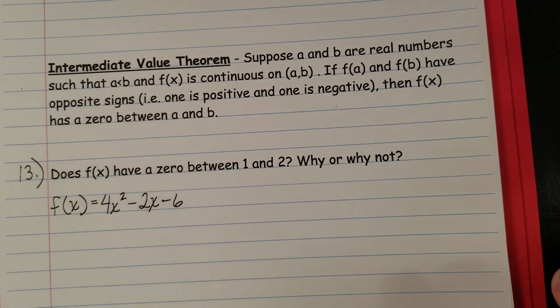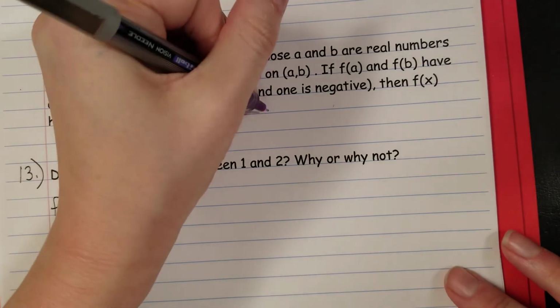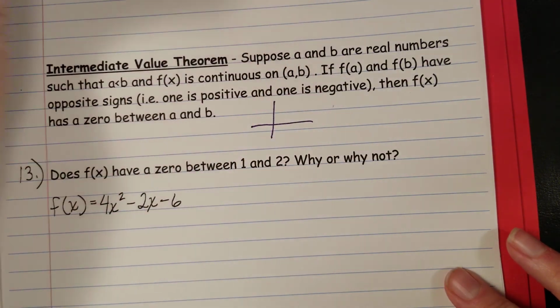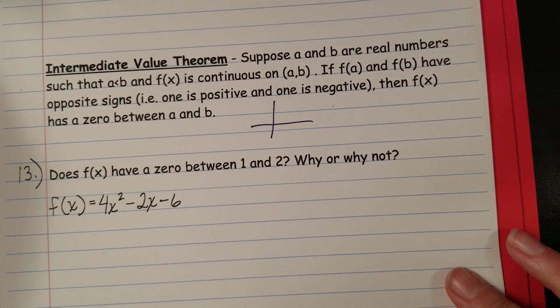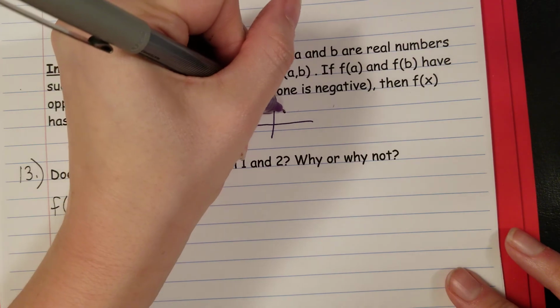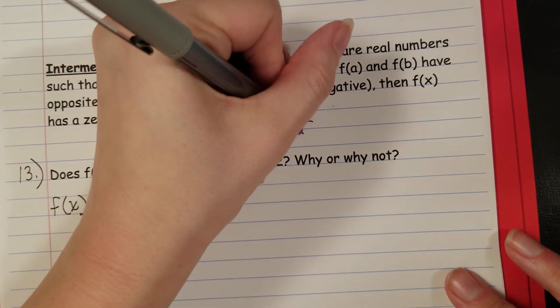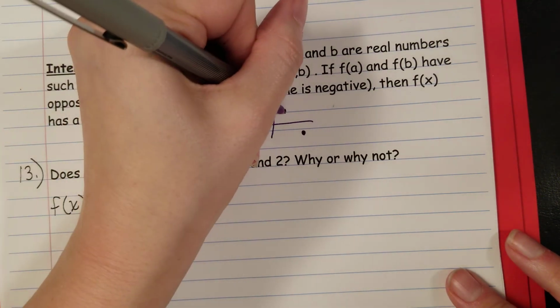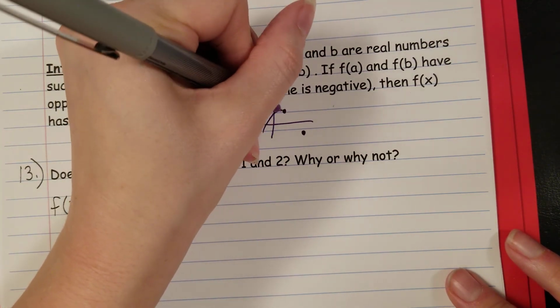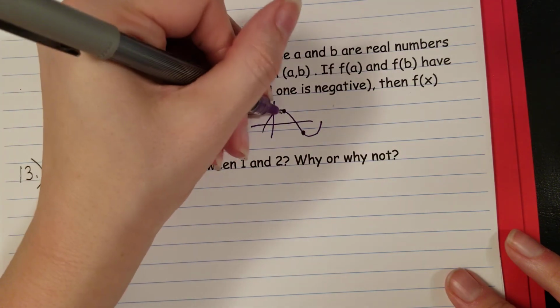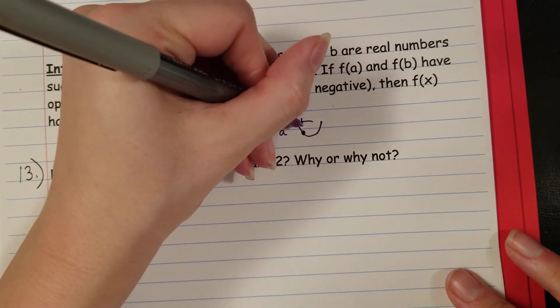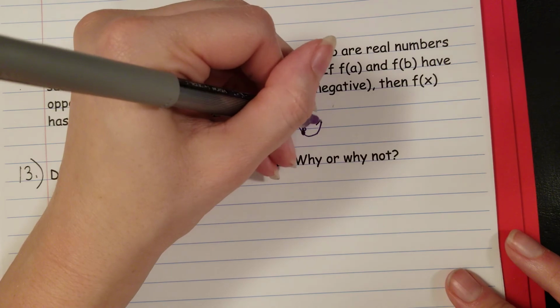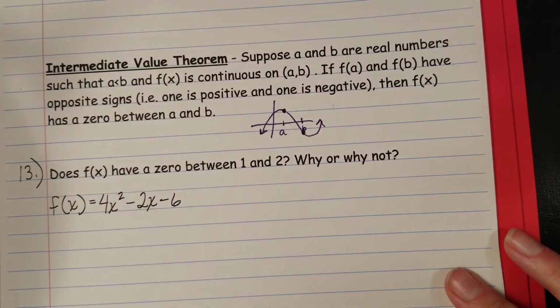Okay, so what they're saying basically is like, if you have a function and you know that you have a point where one of your points has a positive function value, so it's above the x-axis, and one of them has a negative function value, so it's below the x-axis, assuming that's a continuous function, well, it has to have a 0 in between a and b. So in other words, it has to actually cross the x-axis at some point in between a and b, is what it's saying.